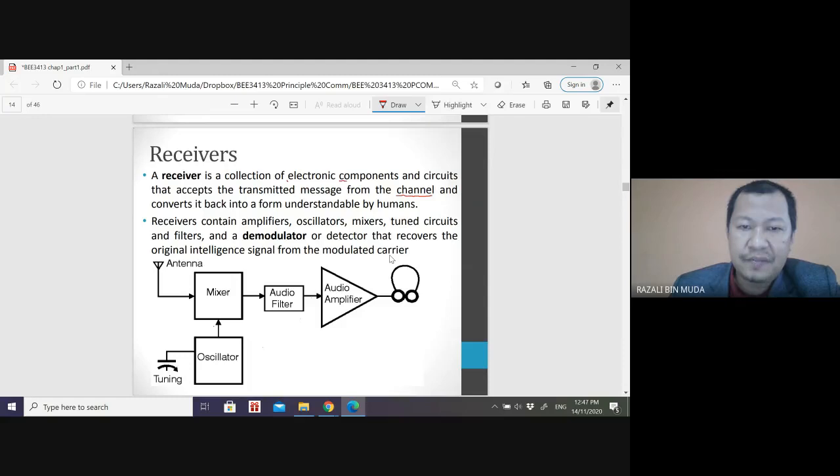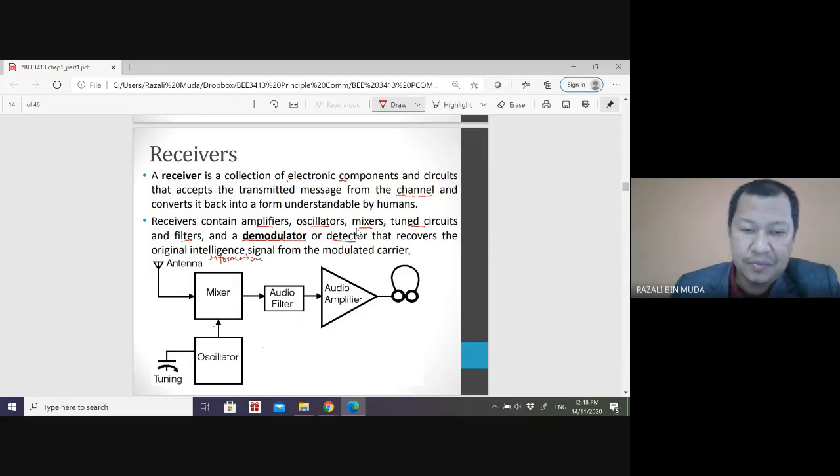The receiver also contains a few circuits, for example amplifier, oscillator, mixer, tuned circuits and filters, and demodulator or detector that recovers the original information signal from the modulated carrier.